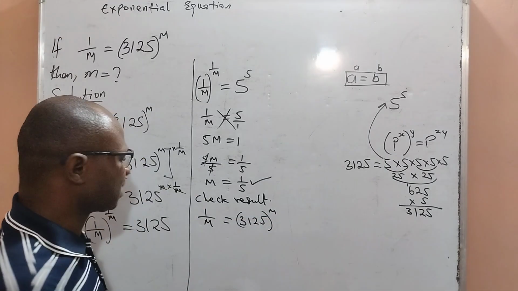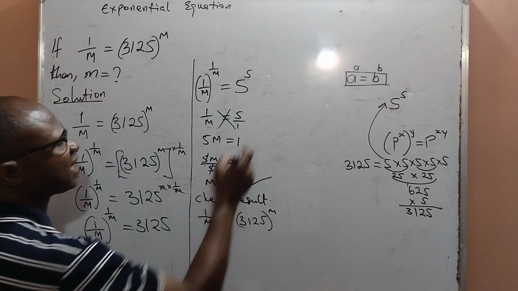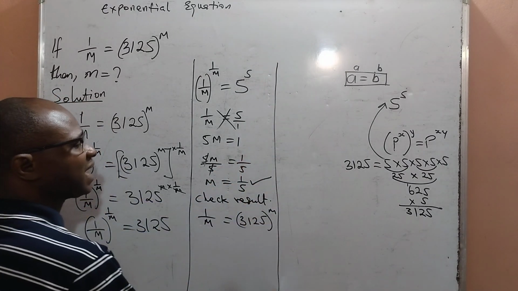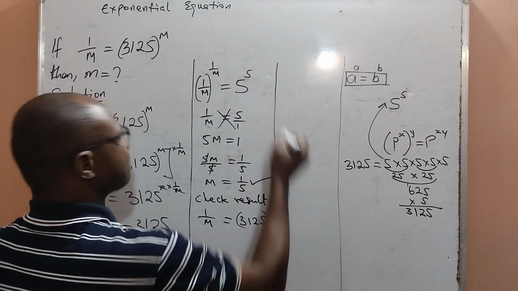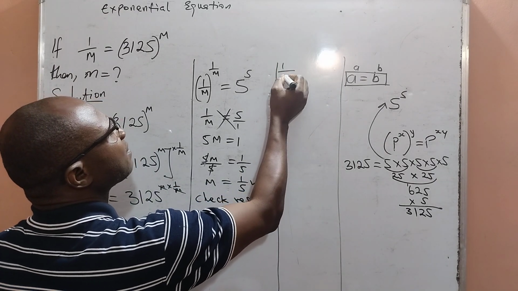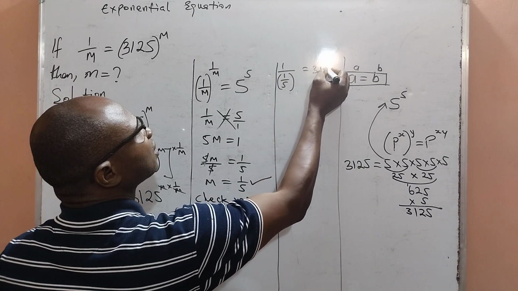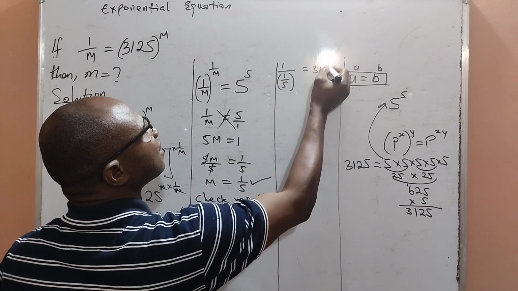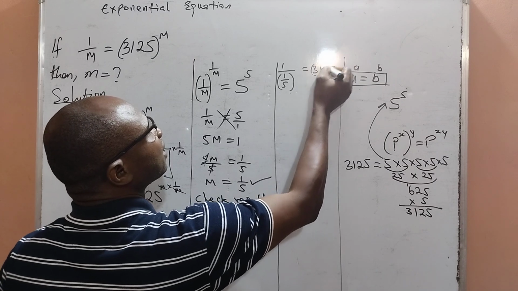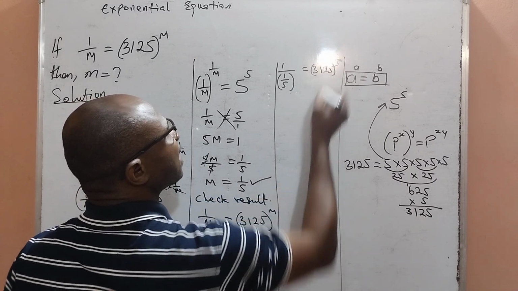I will replace n now with 1 over 5. That means I shall be having 1 divided by 1 over 5 equal to 3125 raised to power 1 all over 5.